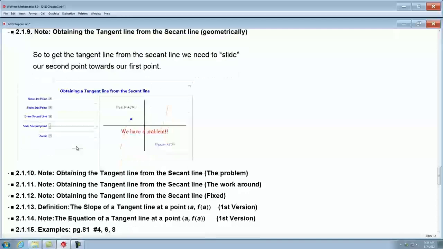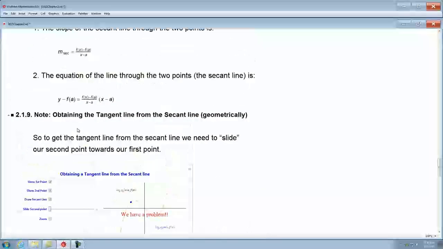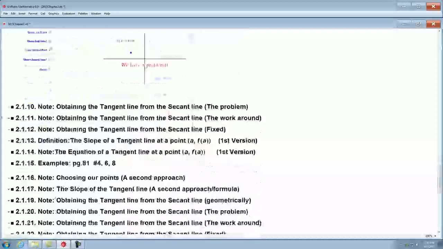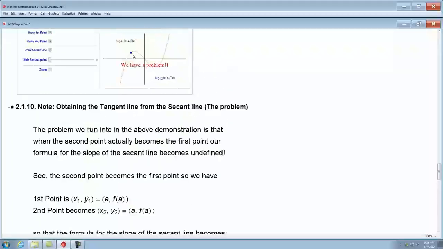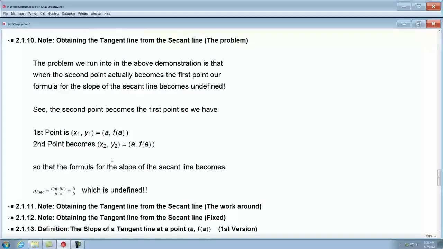So let's take a look at what the problem is, because there is an issue, all right? And here it is. The problem we run into from this demonstration right here is that when the second point actually becomes the first point, our formula for the slope of the secant line becomes undefined. So check this out. If my first point is a, f of a, and my second point, I drag it so that it becomes also a, f of a, right?